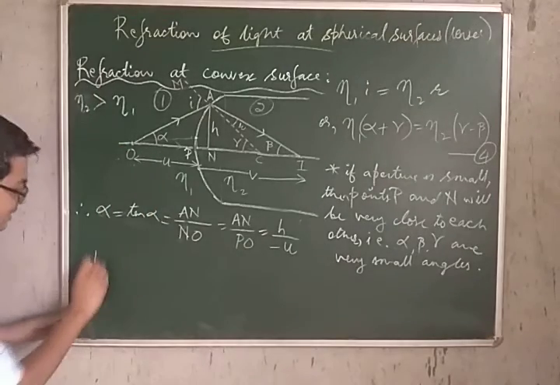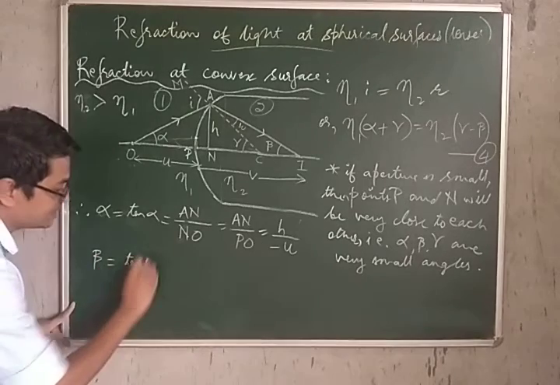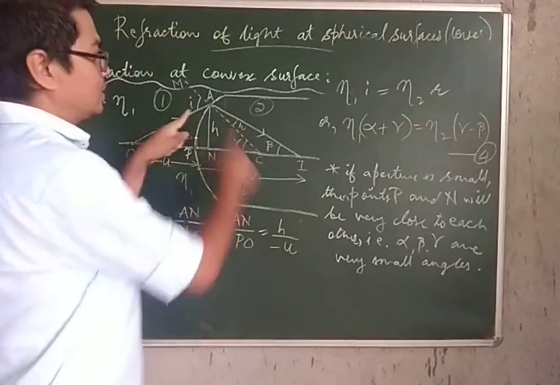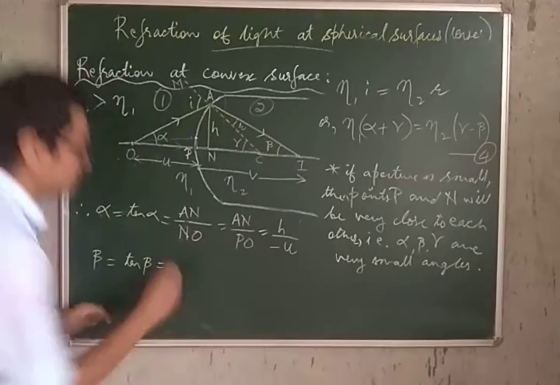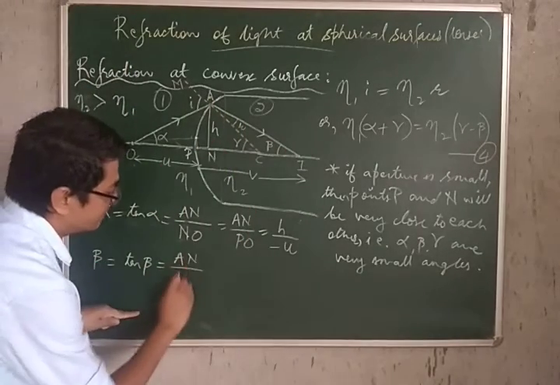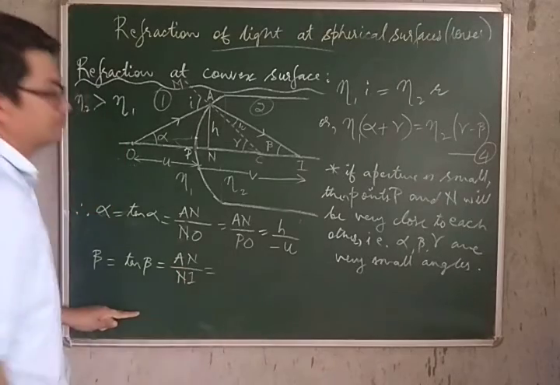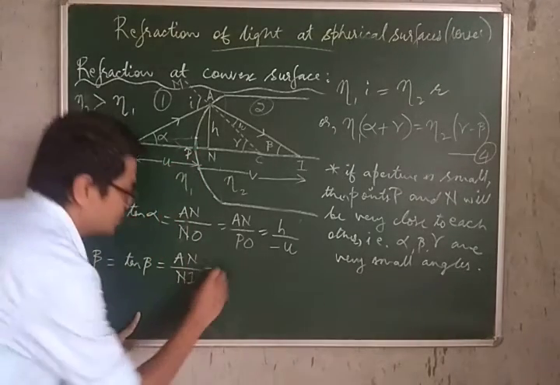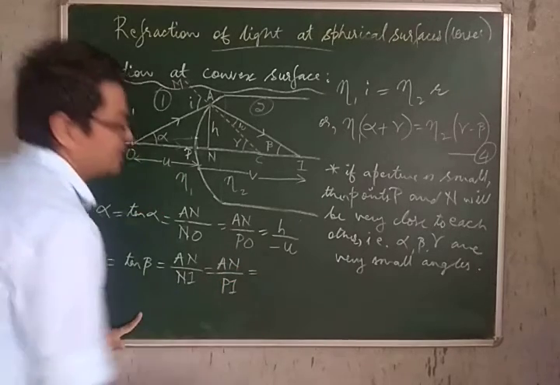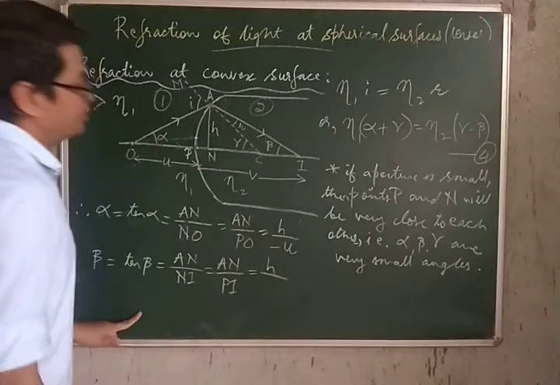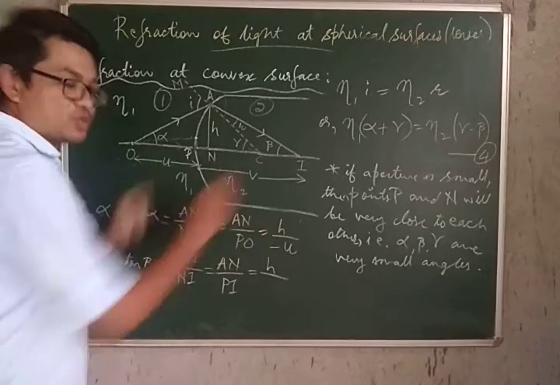Likewise, beta is tan beta. Look at this right angle triangle ANI. Tan beta is AN divided by NI, but since again P and N are very close to each other, AN by PI. AN is h, PI is your image distance.